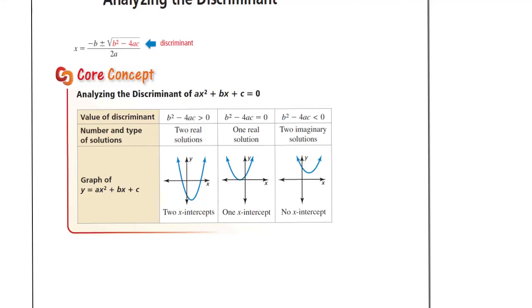Okay, guys, this is going to be day 2 of the quadratic formula, and we're going to be focusing on a certain part of the quadratic formula that is called the discriminant.